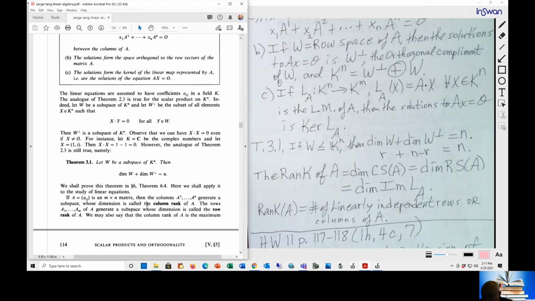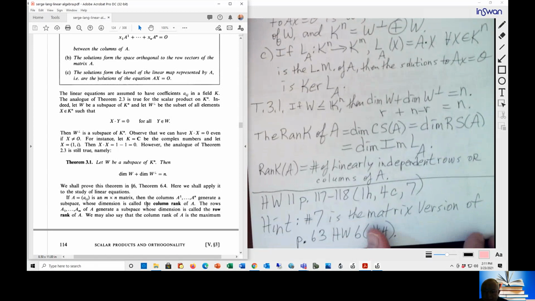Now also, you can think of the rank of A as the number of linearly independent rows of A, or the number of linearly independent columns in the matrix A. I'm going to look at three examples, and homework 11 is there on pages 117, 118, 1H, 4C, and number 7.